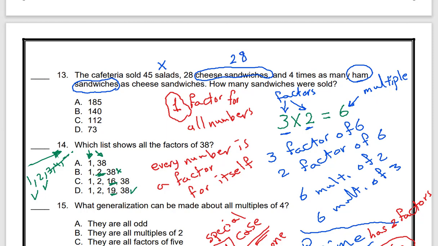It's four times as many ham as cheese, so it's 4 times 28. 4 times 8 is 32. Write 2 and carry 3. 4 times 2 is 8. 8 plus 3 is 11. So the ham is 112. Then you need to add the 28 and the 112.